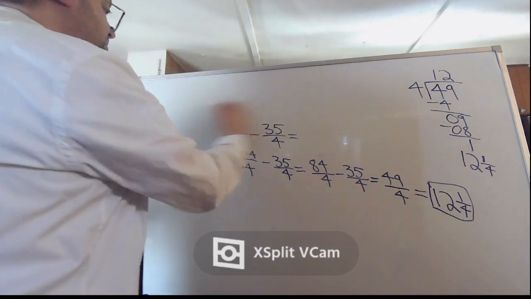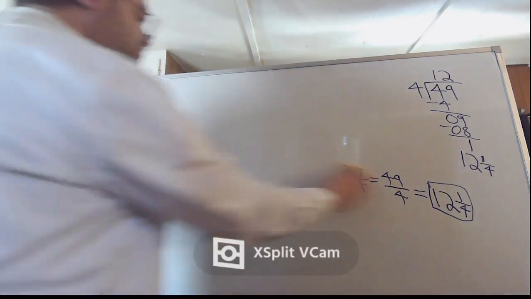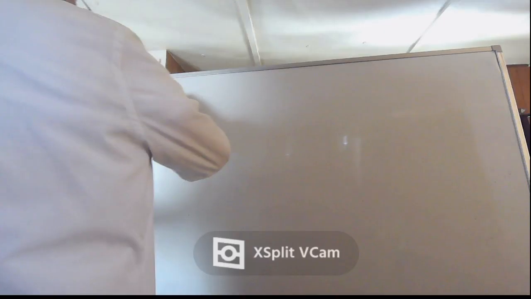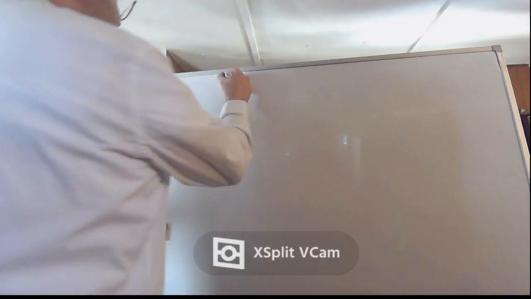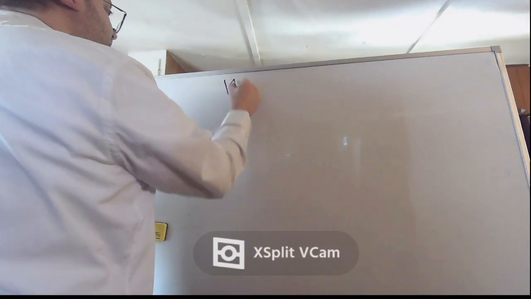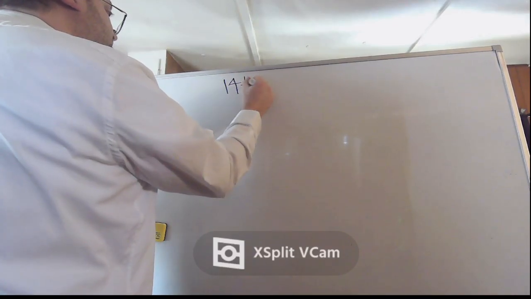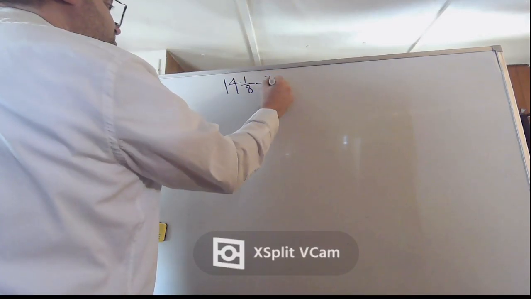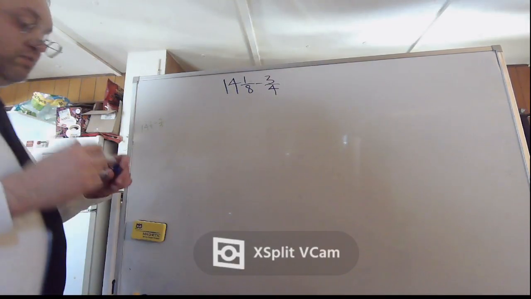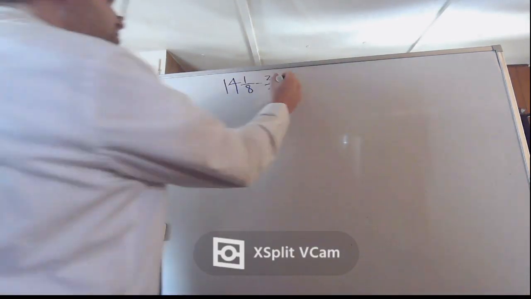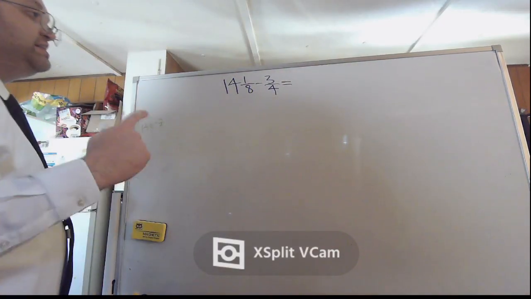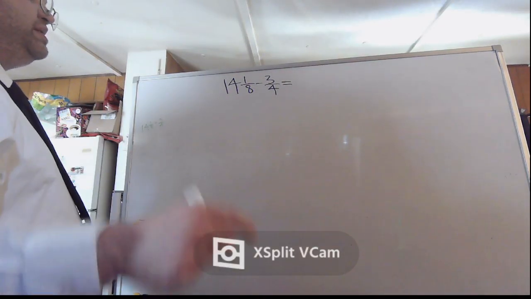Got one more problem here. Alright, so I have 14 1/8 minus 3/4. So once again, you'll need to convert the mixed number into an improper fraction.